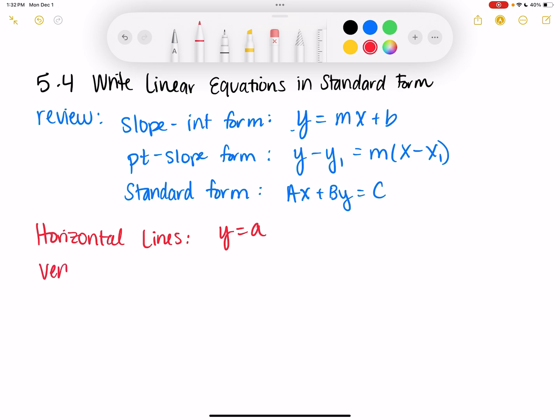And vertical lines have the form x equals b. And those we can just get from our xy coordinate if they give that to us.